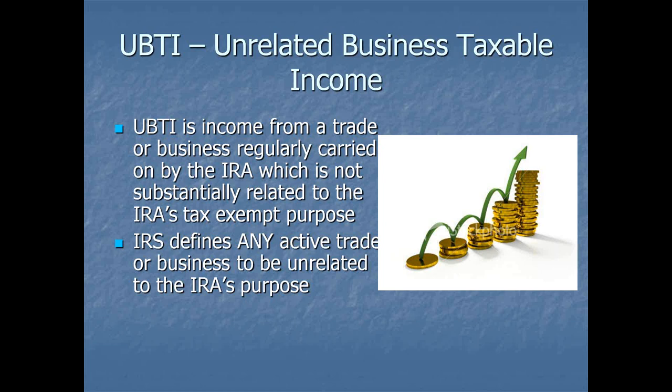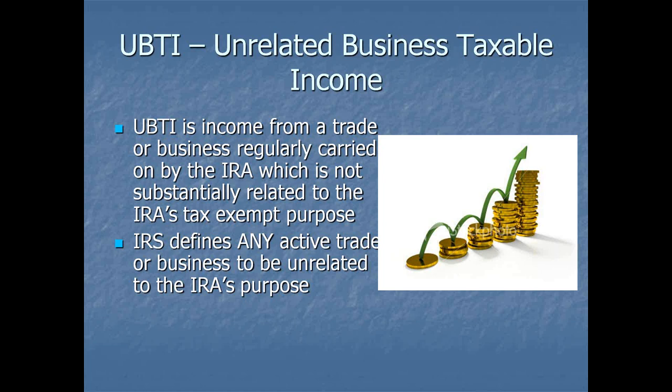So let's talk about UBTI for just a second. The UDFI, unrelated debt financed income, actually comes under the same umbrella of UBTI, which means unrelated business taxable income. So the rate is the same. The calculation of this income is a little bit different, and let me tell you what the UBTI applies to.